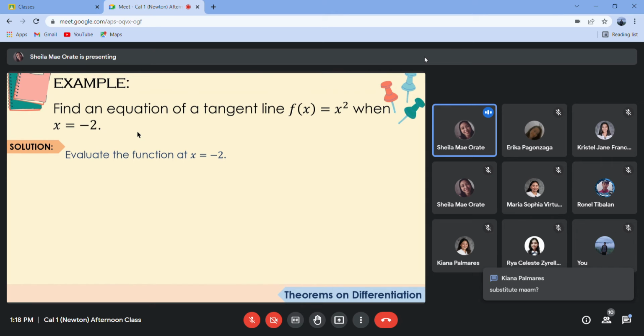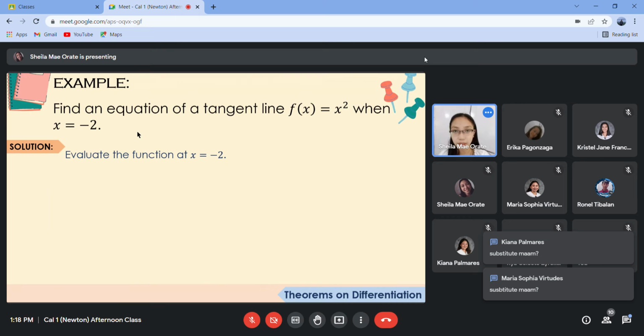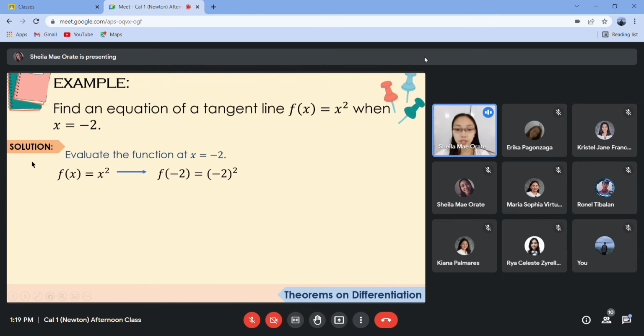Substitute. Okay, from Kiana, substitute. And from Maria Sophia, we have our x squared. Very good. We input x equal to negative 2 into the function. We have f of negative 2 equal to negative 2 squared, or 4.